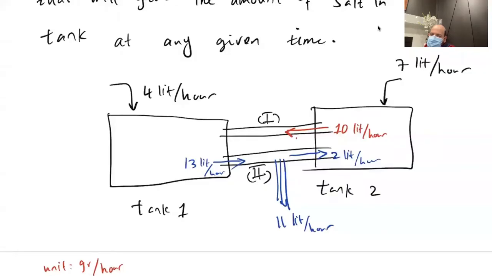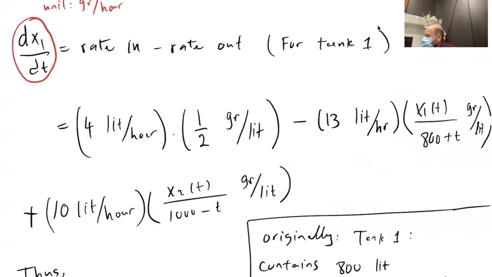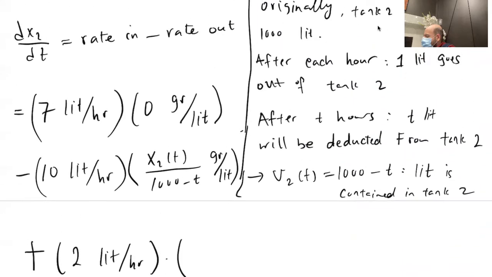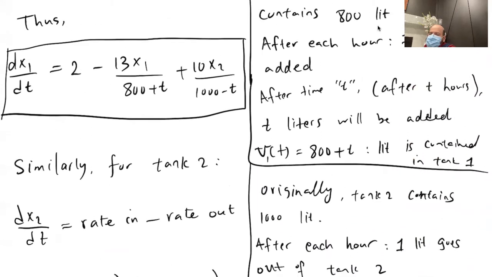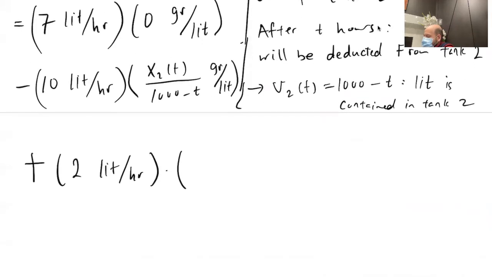And in tank 1, we have V1 of t liters, which we calculated as 800 plus t liters of salt water at time t. So I need to again divide these two numbers. So times x1 of t divided by 800 plus t gram per liter.